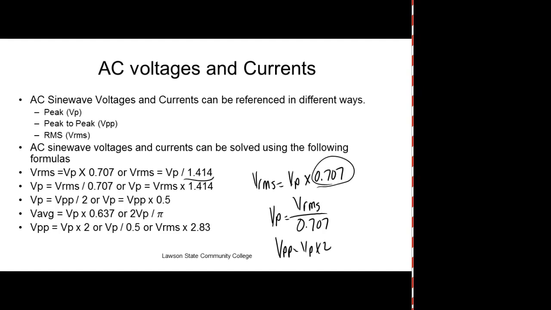Now, why do we need to know that? Probably we have two pieces of test equipment that we use a lot. The predominant piece of test equipment is your meter. But the problem with the meter is it does not show you what's there.